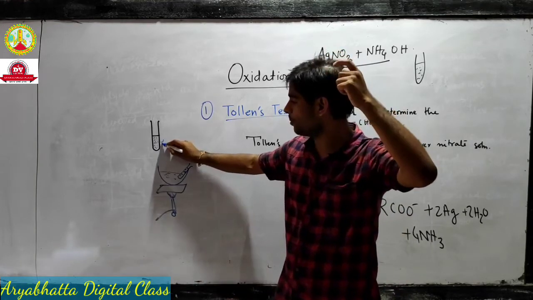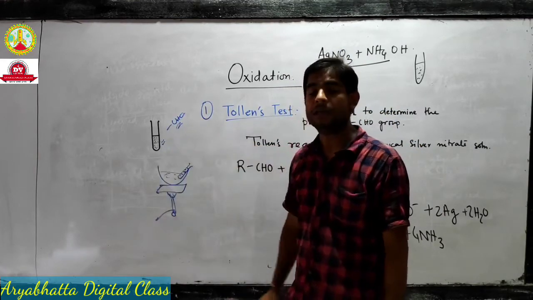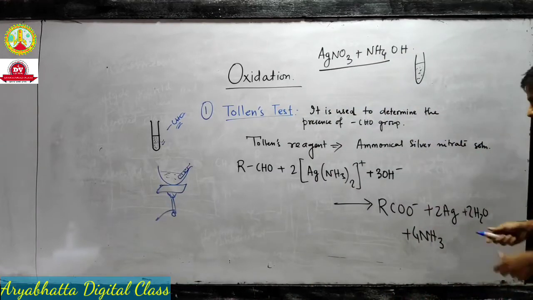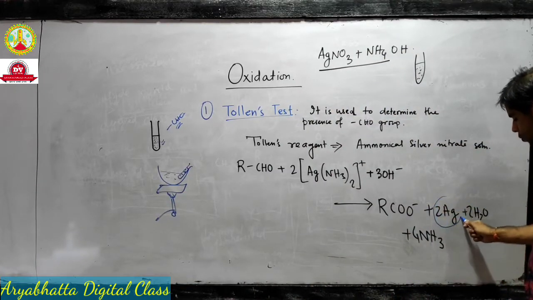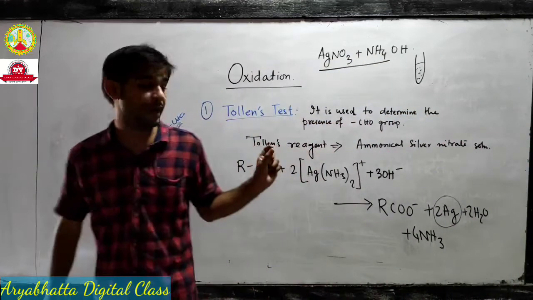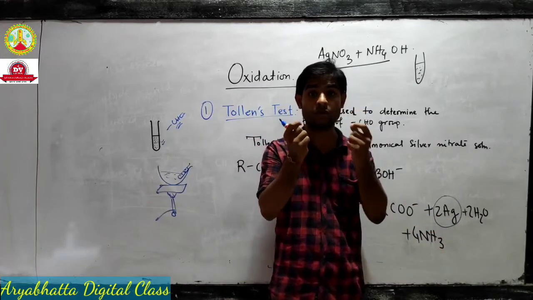If the solution present here is an aldehyde, suppose, then what we will see is, in this equation, we have 2 Ag. This 2 Ag is metallic silver, that is pure silver.